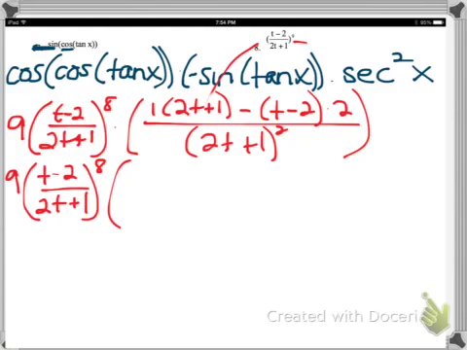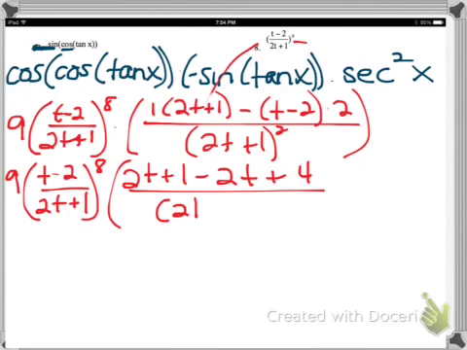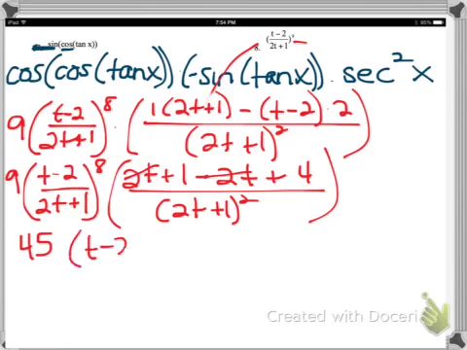If I distribute that 2 up there, guys, I'll write it out. 2t plus 1 minus 2t plus 4, all over 2t plus 1 squared. So the 2t is going to cancel, and I would just have 5 there. So 5 is that numerator, times 9, so I'd have 45 here, and then I'd have t minus 2 to the 8th.